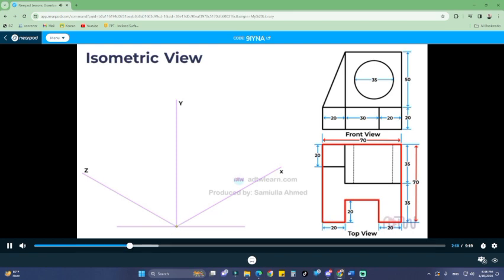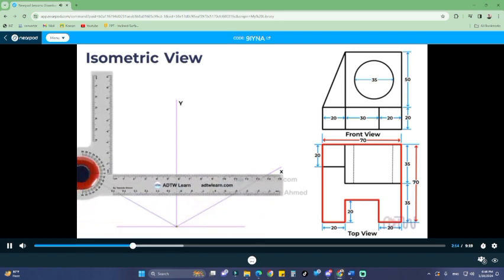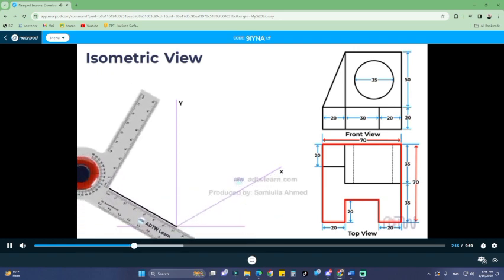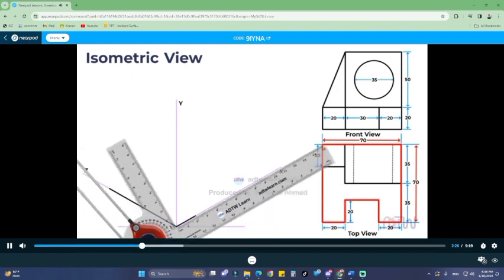Using a drafter, draw a 70 millimeters line parallel to the z-axis. After this, we can see the width of this side as 20 millimeters. Take a drafter and draw a 20 millimeters line parallel to the x-axis. Following that, we can observe that the depth of the slot is also 20 millimeters.